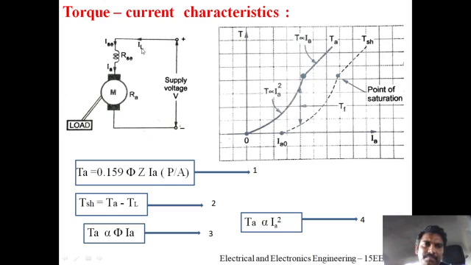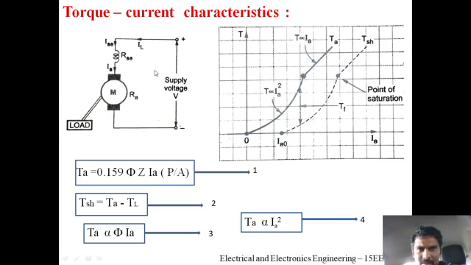ISE represents the current flowing through the series field winding. IA represents the current flowing through the armature conductors. RA is the resistance of the armature conductors, which is connected to a load. So we can call this DC series motor because the field winding comes in series with the armature circuit.